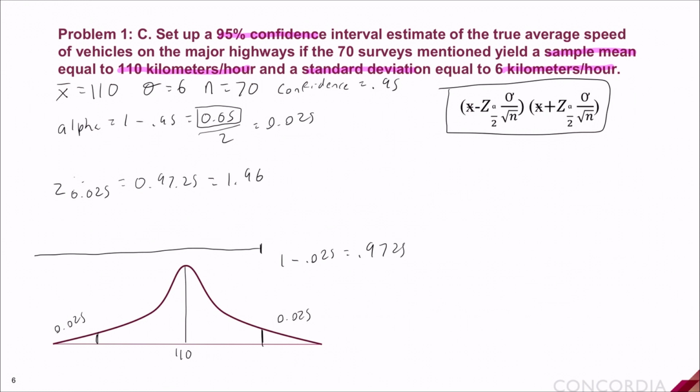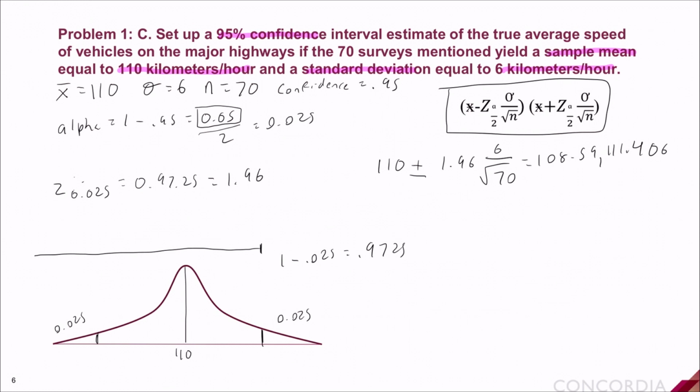Once we have that value, we can plug in the values to the formula, and that'll be 110 plus or minus a z-score of 1.96 times a standard deviation of 6 over the square root of our n, which is 70, and that'll give us an interval between 108.59 and 111.406.